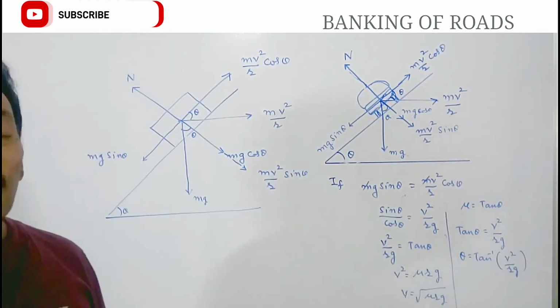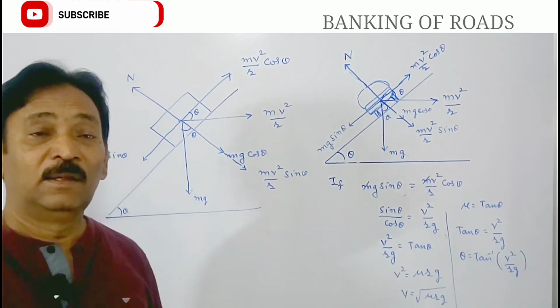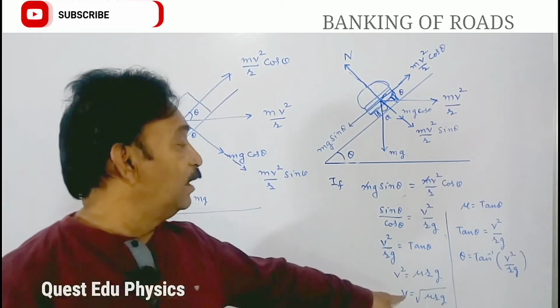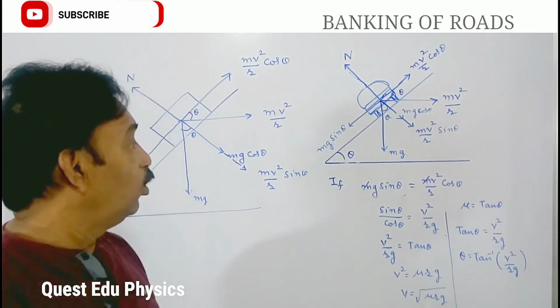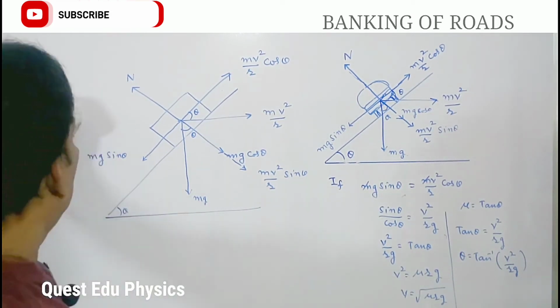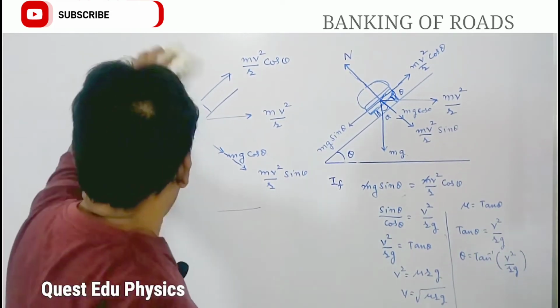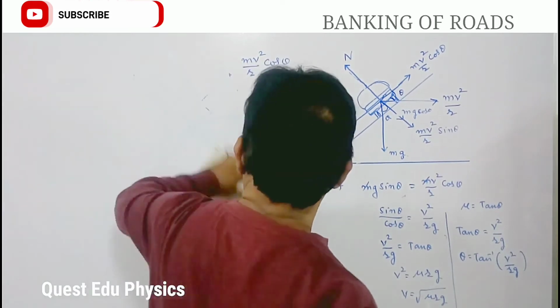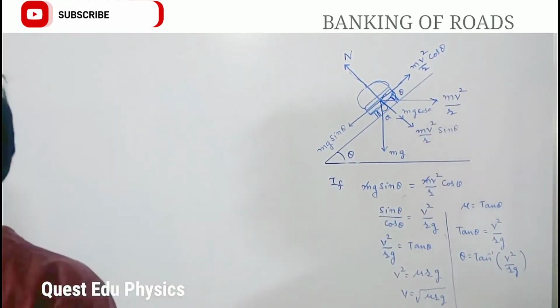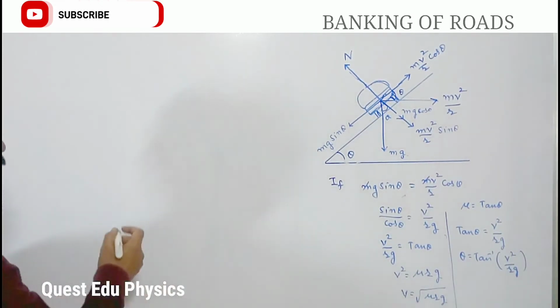It is the minimum angle required to avoid the overturn of the vehicle, and it is the minimum velocity. I hope you understood. Thereafter, we are taking the cases. Are you following, students? Now we are taking case 1.